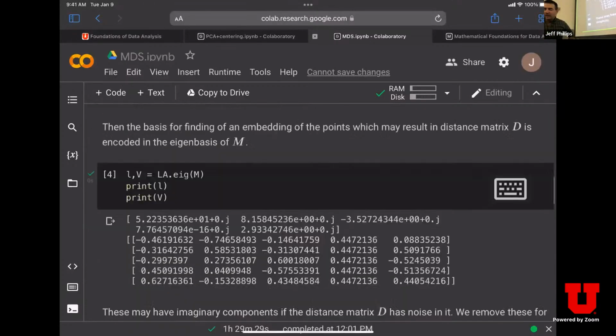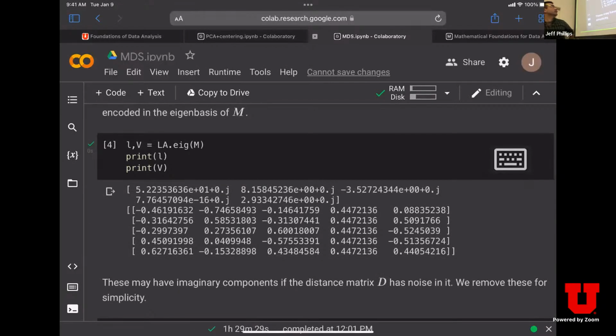And then I do the eigendecomposition of M, and I get, oh yeah, I forgot, if you don't construct M from A transpose A, you could have these imaginary values you have to deal with. These have shown up, right? It's written as this 5.22 plus 0.1 plus 0 dot j. That means it's giving me some imaginary stuff back.